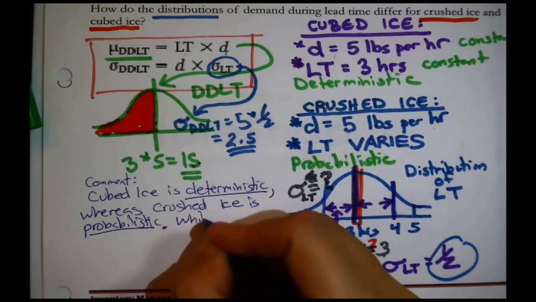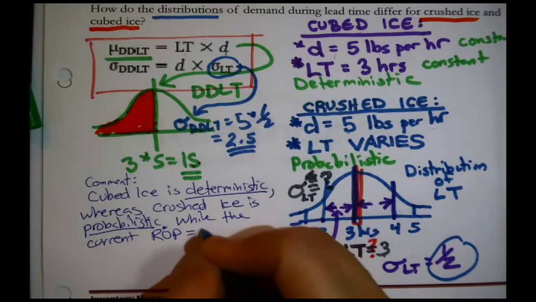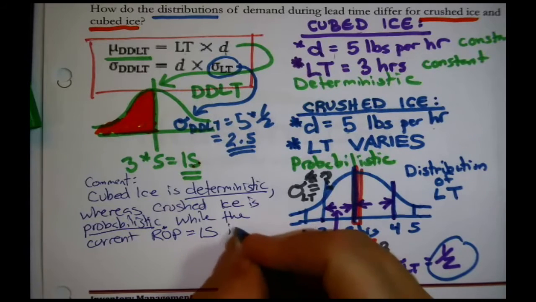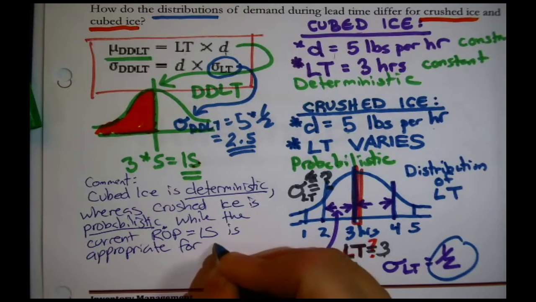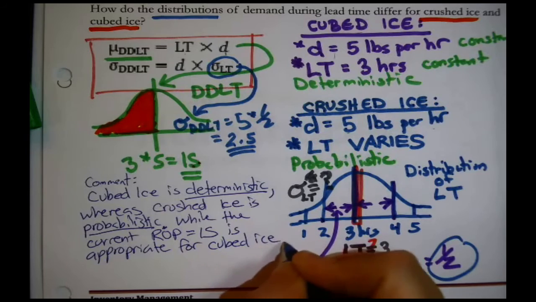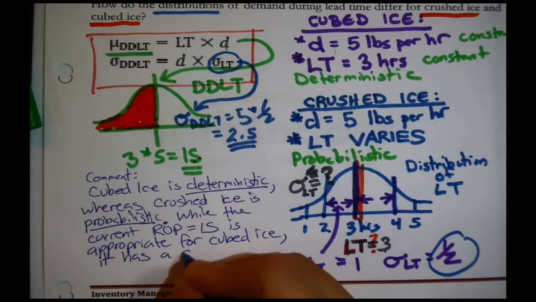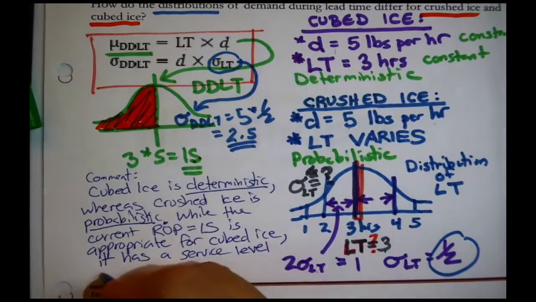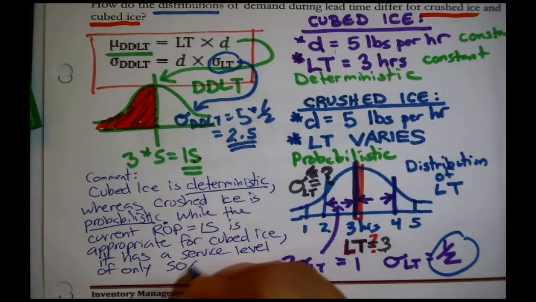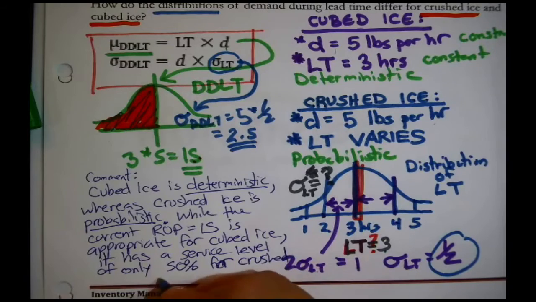While the current reorder point of 15, I'm just writing ROP equals 15, is appropriate for cubed ice, because you always need 15, it has a service level of only 50% for crushed ice, which they're probably not happy with.